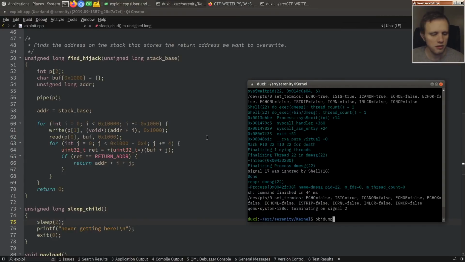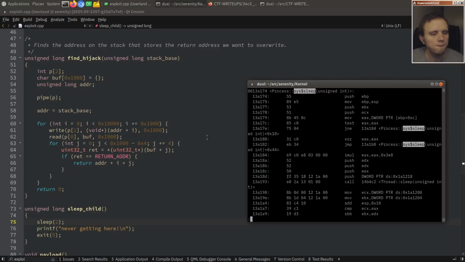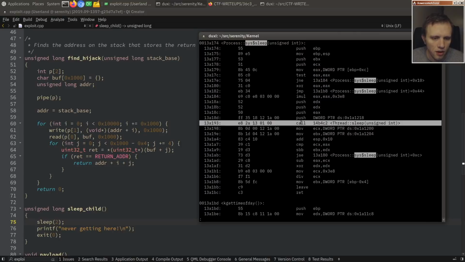So if we go and look at the kernel disassembly and we look for the sleep, what's this called? Oh, right. This is sleep. So here, we call thread sleep, which is the blocking call.